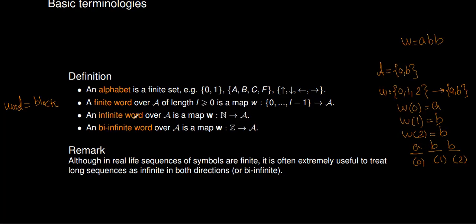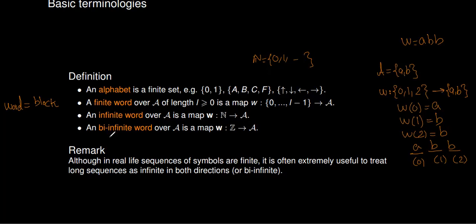So an infinite word over A is a map from the natural numbers, and most of the time in this course we consider that the natural numbers begin from 0, not from 1. So an infinite word over A is a map from natural numbers to our alphabet.